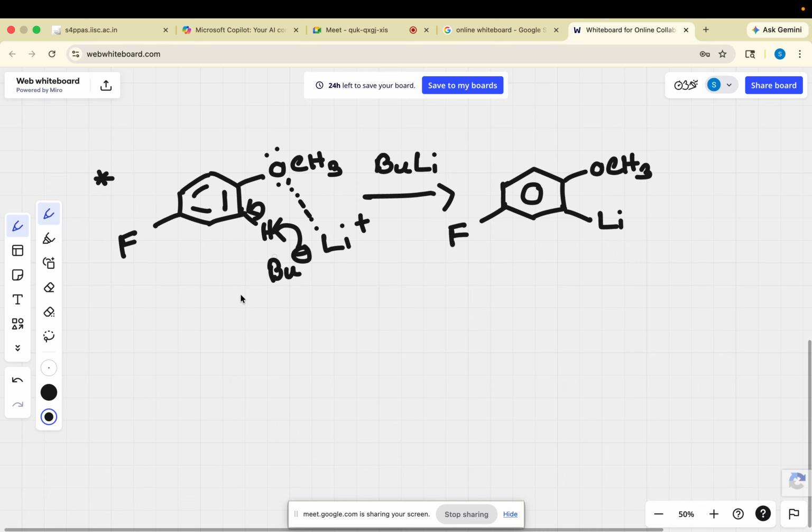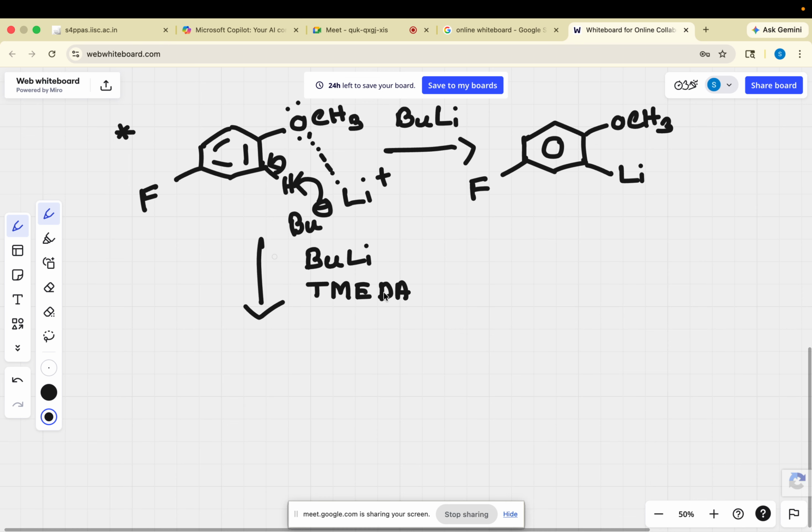Similarly, suppose you have the same compound and now you are using butyl lithium in presence of TMEDA. What will happen then? Next to fluorine it will abstract.